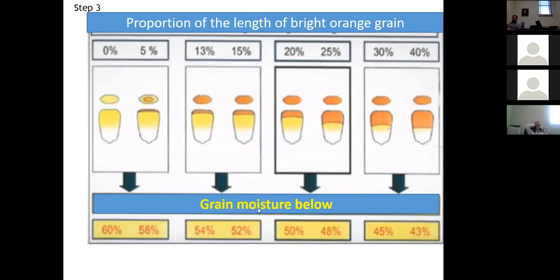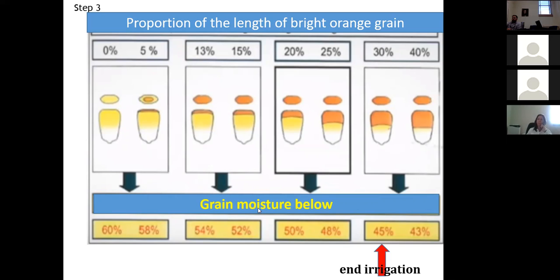If the proportion of the orange line is 20 to 25%, that means the grain moisture is 50 to 48%. For clay soil, we stop irrigation when the proportion is between 30 and 40%. That means the grain moisture is 45 to 43%.